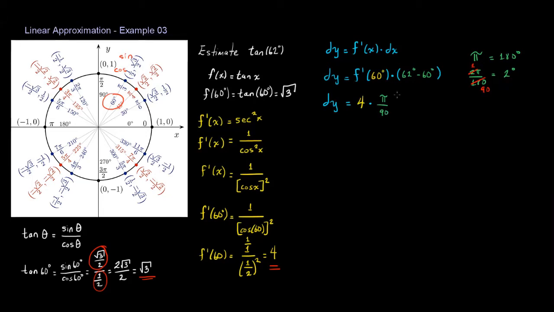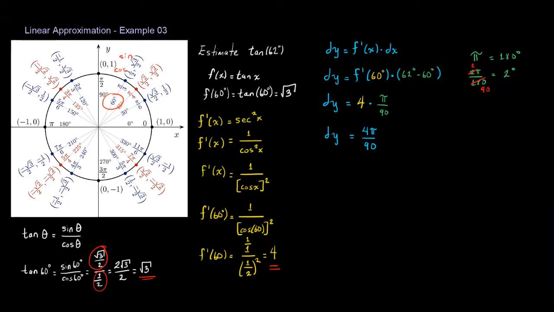So at the end, once we multiply all these things, we get dy equal to 4 times pi over 90. But remember, it's not exactly what we're looking for.